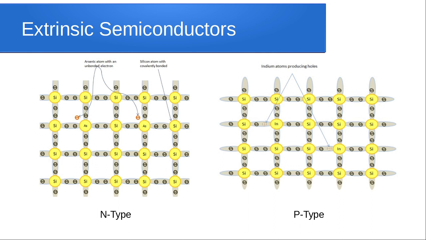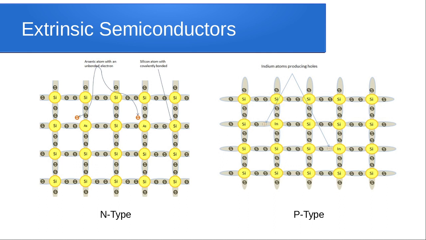Now, on the right side of the screen, you see the p-type semiconductor, where the trivalent impurity indium is added. You can see only 3 of the silicon atoms can form bonds with this indium. The 4th electron does not have another electron to form a bond, and that forms the hole.